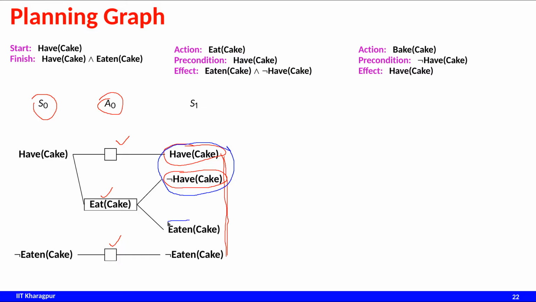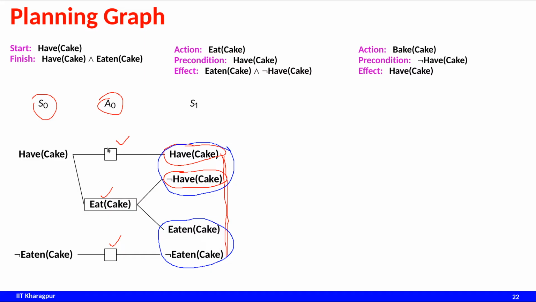Similarly, here if you look, I have eaten cake and not eaten cake. So at a particular state, I cannot have both the literals to be true. And why is this situation that we are achieving?